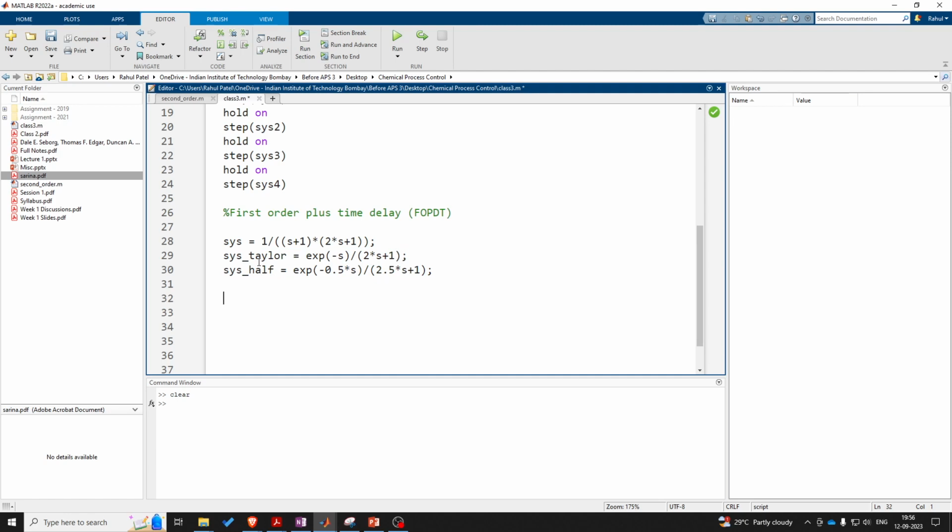Now we will find the response corresponding to this step input. I'll simply write the step input of this.